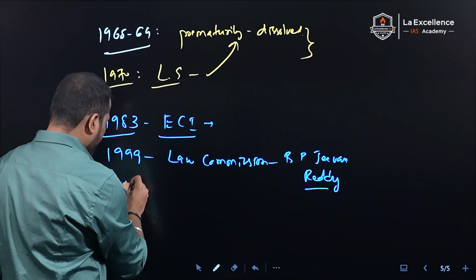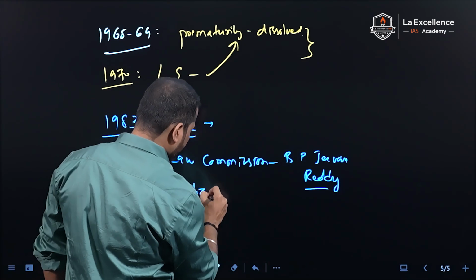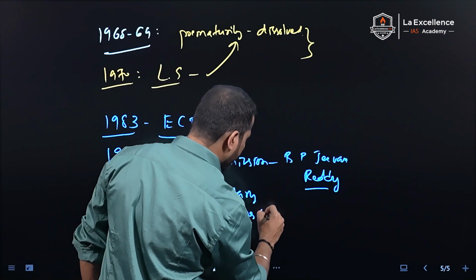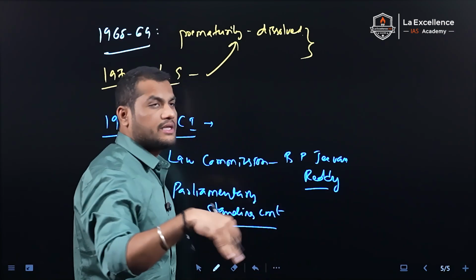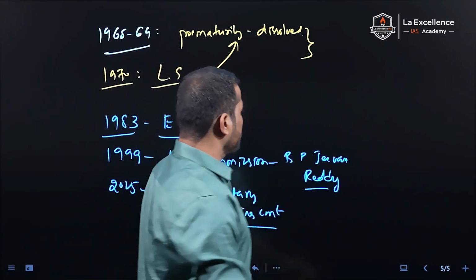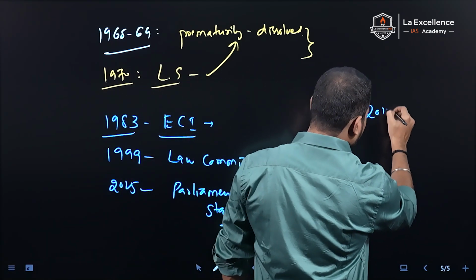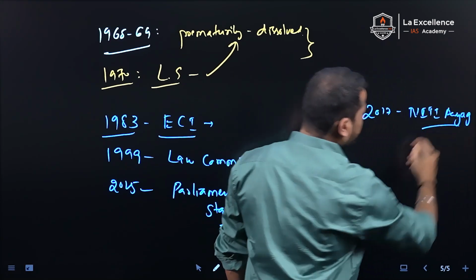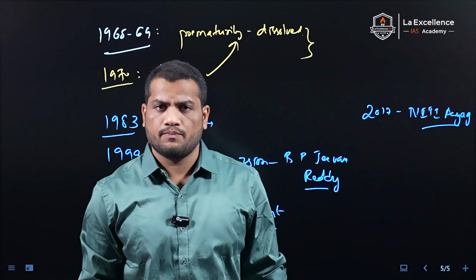In 2015, the Parliamentary Standing Committee also recommended simultaneous elections in India. Again in 2017, Niti Aayog in its paper highlighted simultaneous elections.